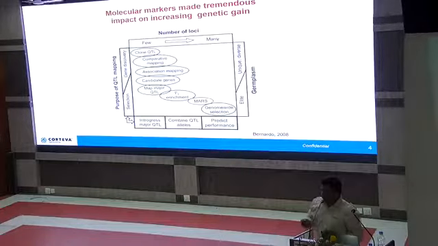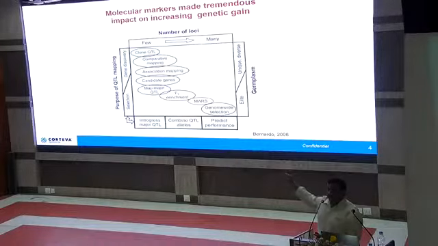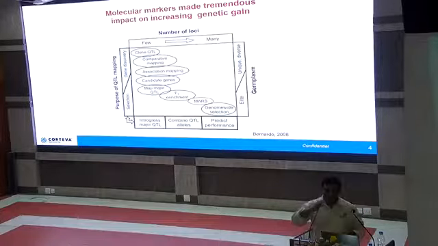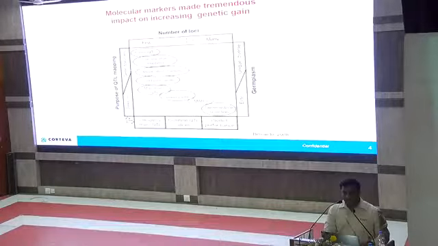The plot I'm showing here is a 4-dimensional plot. The x-axis is the effect of the QTL: the left is high effective QTL, and the right side is low effective QTL. Here you have the elite germplasm and unique germplasm.